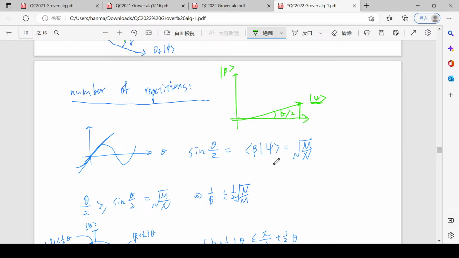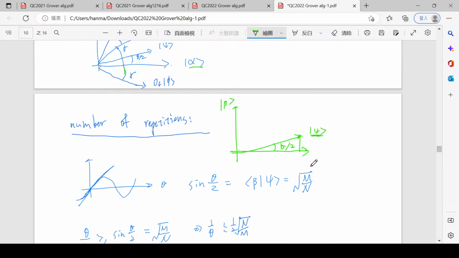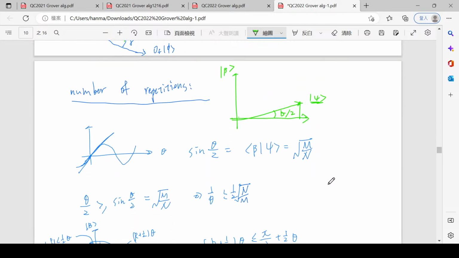And if we calculate the overlap, then it is square root of m over n. Is it correct? Okay, let's do this.